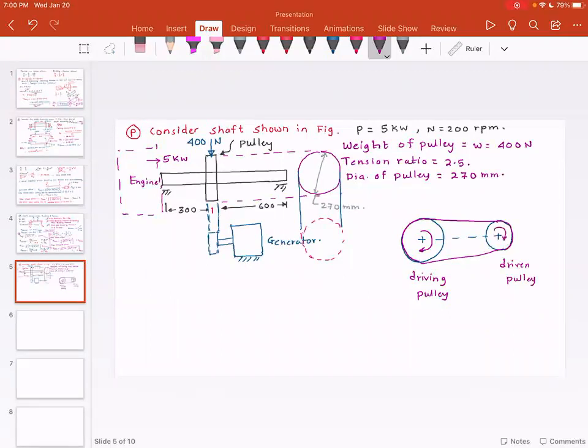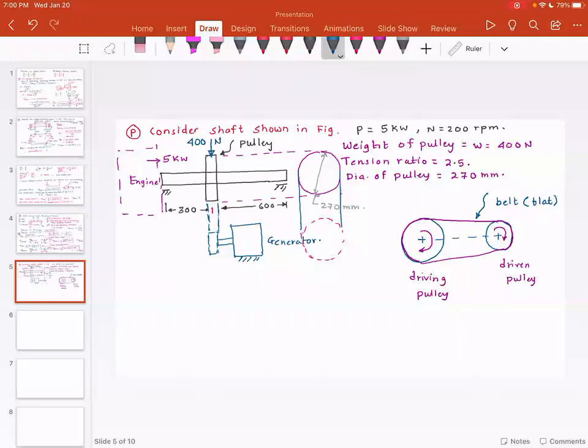You would observe that this is the belt. I'm going to assume that this is a flat belt. So this is not a V belt, or a serpentine belt or timing belt. It just is a flat belt.